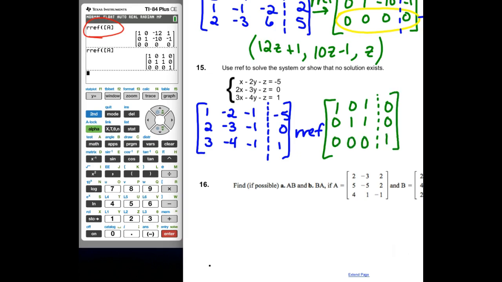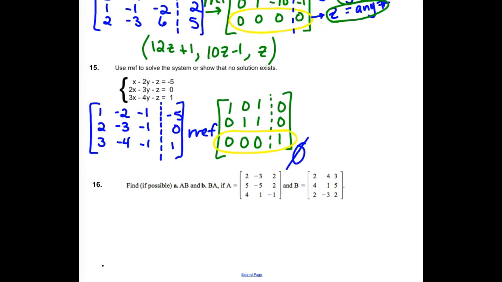Okay, and again we start by looking at this bottom row. It is telling me I have 0 x's, 0 y's, and 0 z's, but they're supposed to add up to 1. This is a case where we get no solution. That is not possible.